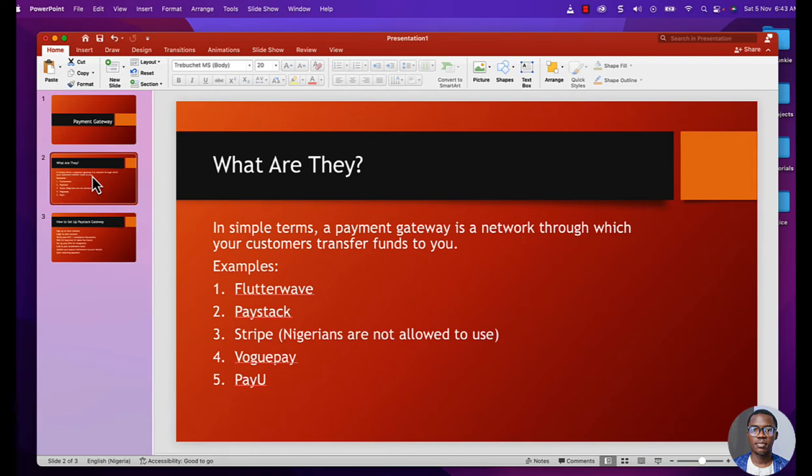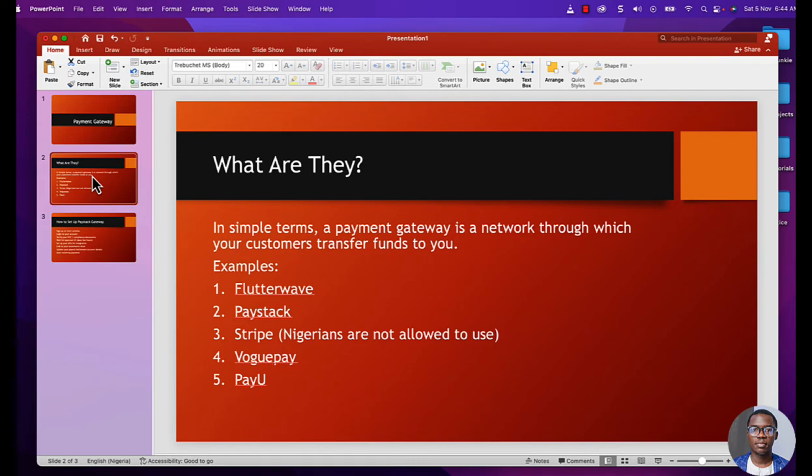Now there are several payment gateways available, and some of them include Flutterwave. We also have Paystack, which is commonly used in Nigeria, the Paystack and the Flutterwave. Now, Flutterwave you can use in other countries, African countries and beyond. And then we also have the Stripe payment gateway.